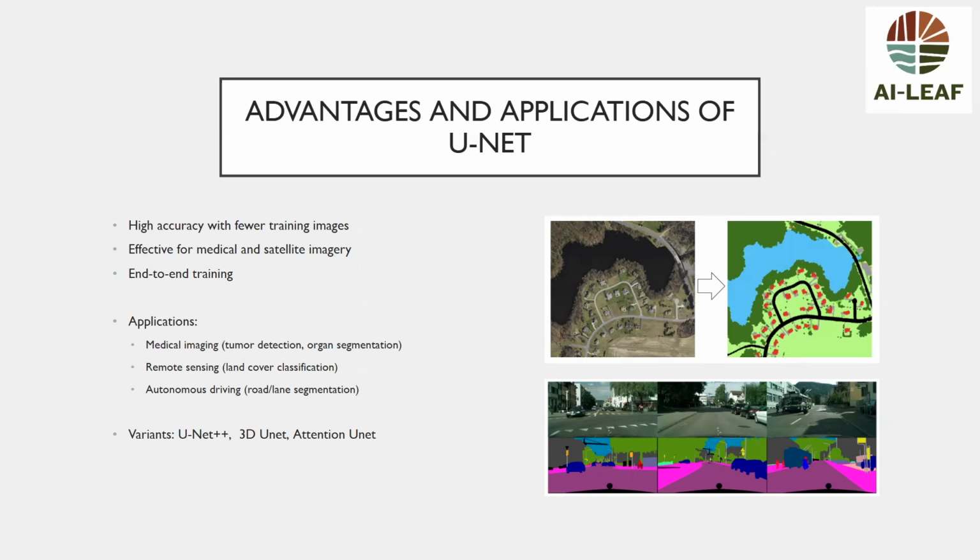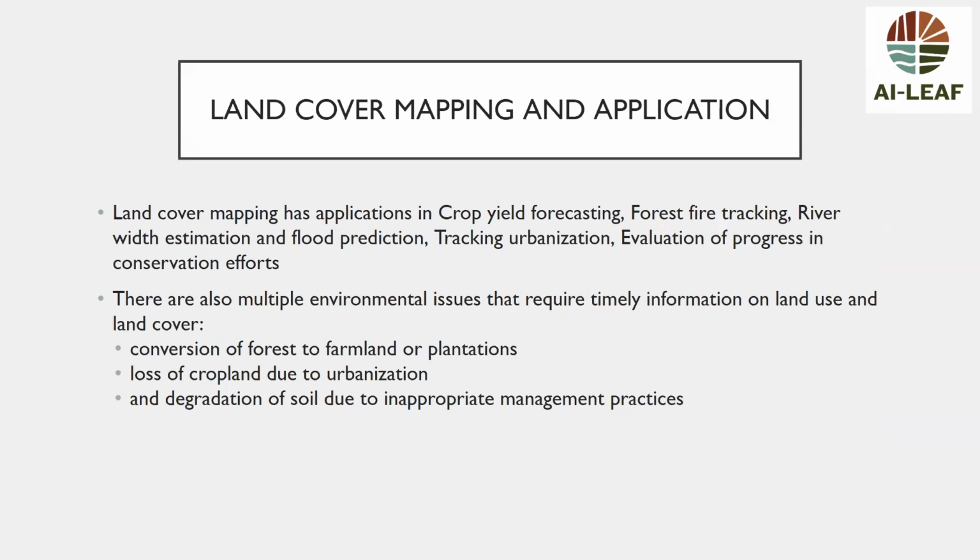But effectively, what we saw is that something can take an image and give you an output for that image, better than what our human eyes can do. That's what we saw. And now we're just going to apply this in land cover mapping. So land cover mapping is basically figuring out what's going on the ground. That's the easy layman way to put it.